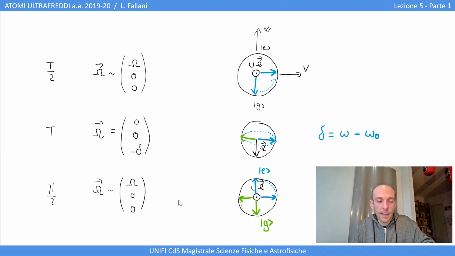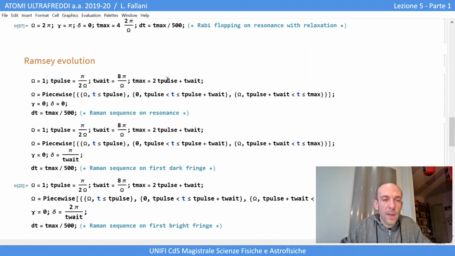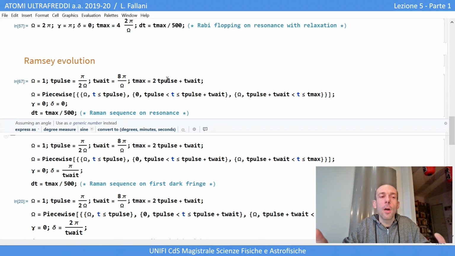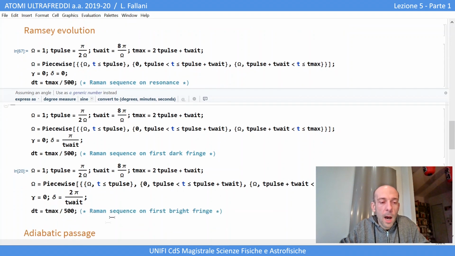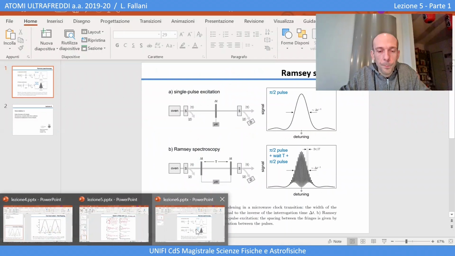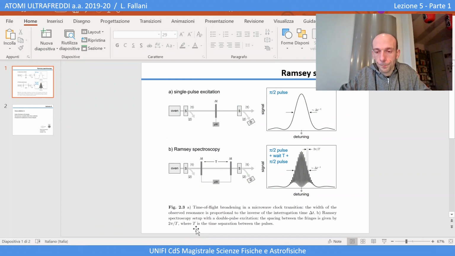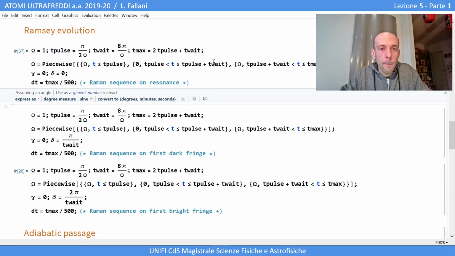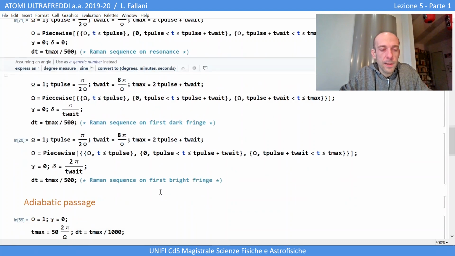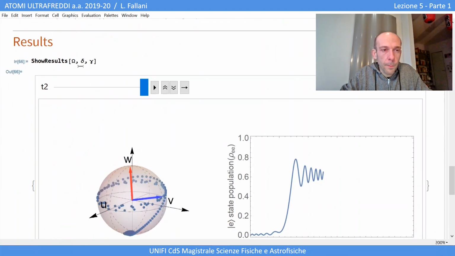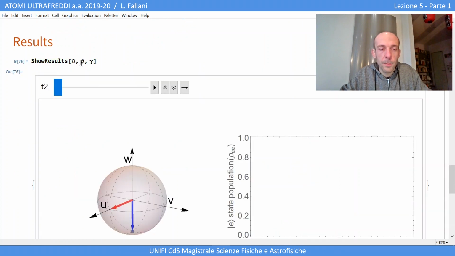So finally, let's see it on the Mathematica example. So in the Mathematica example, I will simulate the whole Ramsey sequence. So in the first case, I will simulate the Ramsey sequence when you are on resonance. So when you are basically on the center of a central fringe. And so let's see what happens on the Bloch sphere. So this was the old result, so let me reset it.